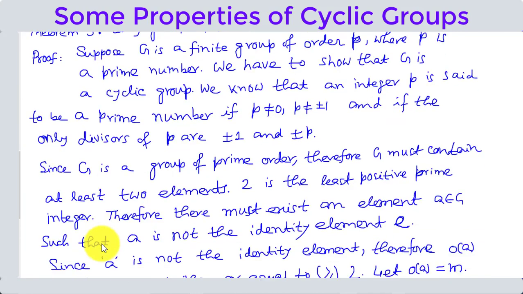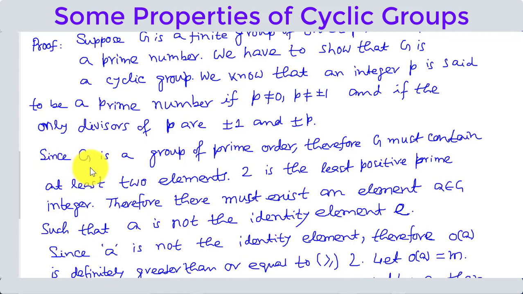Since G is a group of prime order, therefore G must contain at least two elements. 2 is the least positive prime integer. Therefore, there must exist an element a belonging to G such that a is not the identity element e.